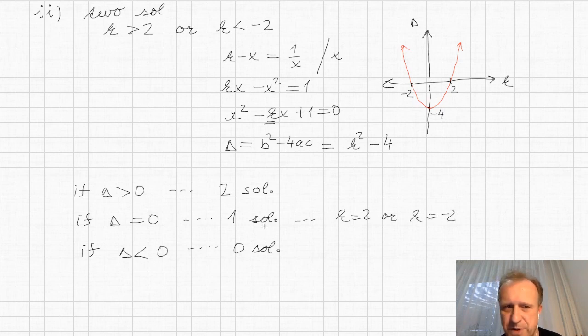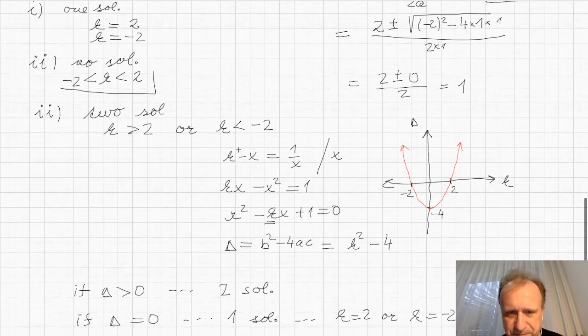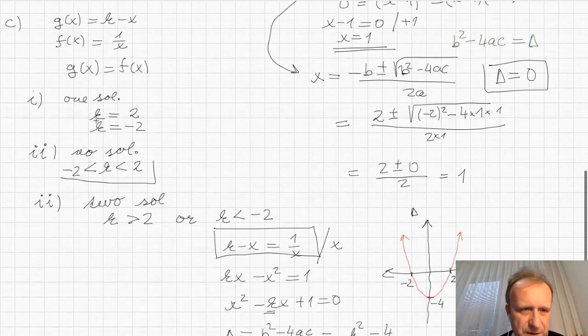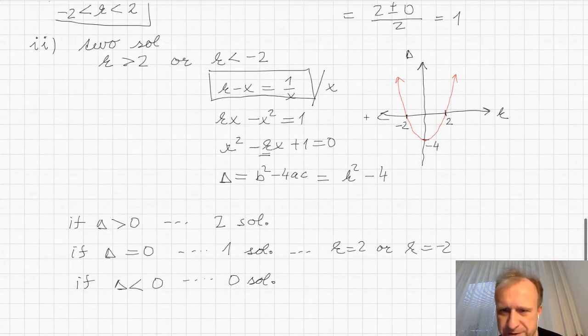So this is the situation when this equation here has just one solution. And this is in line with this conclusion here, k equals 2 or k equals negative 2. Now, two solutions. There are going to be two solutions when the discriminant is positive, so when the value of this quadratic function is positive.